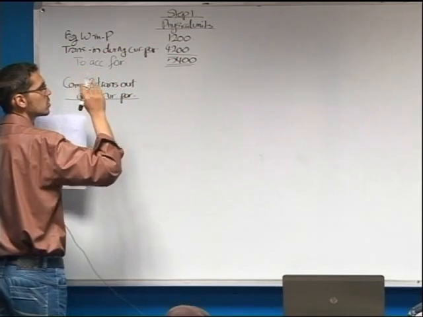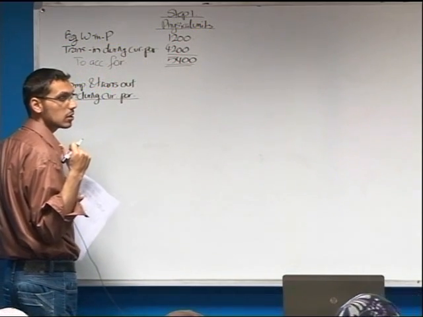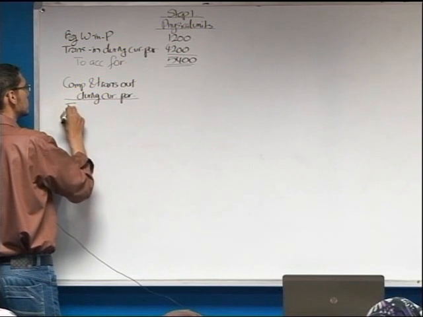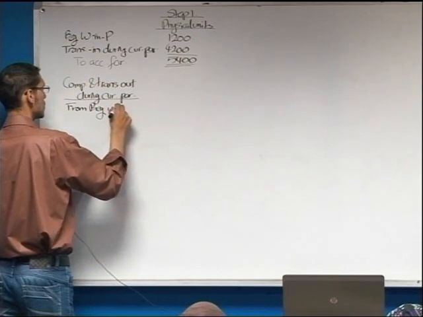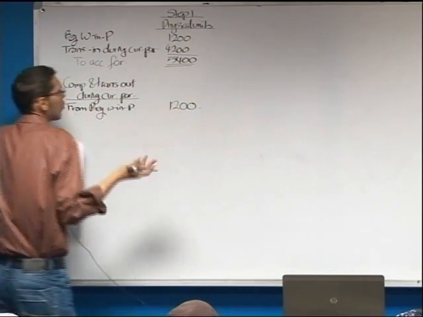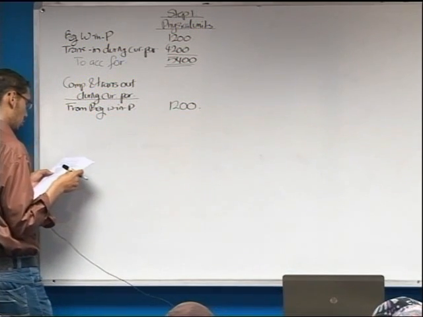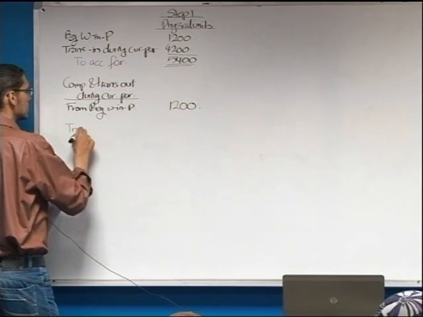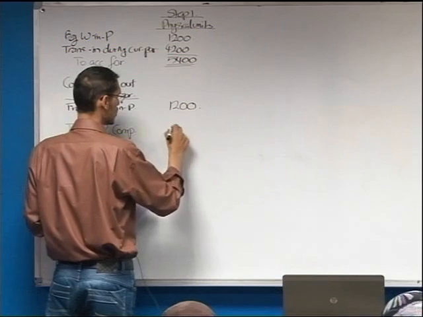Of course, we know it is 4,000, but we need to separate the work that has been started in the last period and the work that has been started in this period. Therefore, from the beginning inventory work in process, 1,200. And the remaining, of course, would be started or transferred in this period and finished also in this period. Therefore, started and completed, or transferred in and completed, would be 2,800.